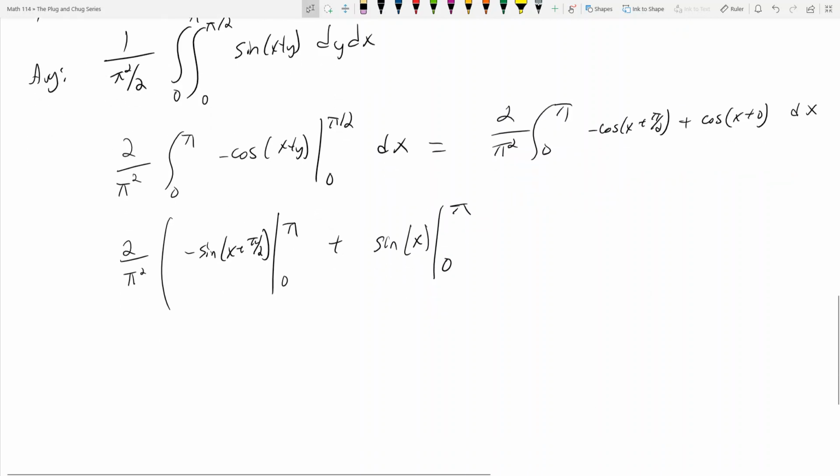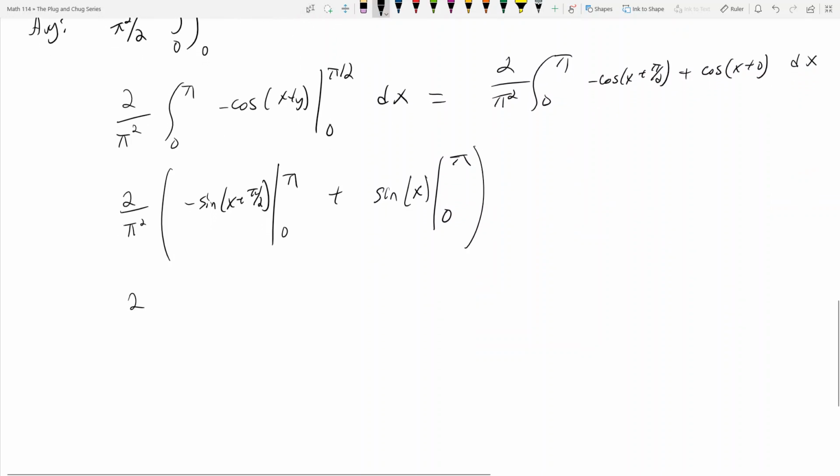Okay. And what do I get? Well, I get 2 over pi squared. This guy is 0, right? Because sine at pi is 0, sine at 0 is 0. And now I get negative sine at 3 pi over 2 minus a negative sine at pi over 2.